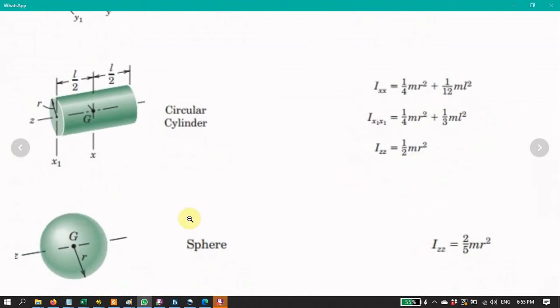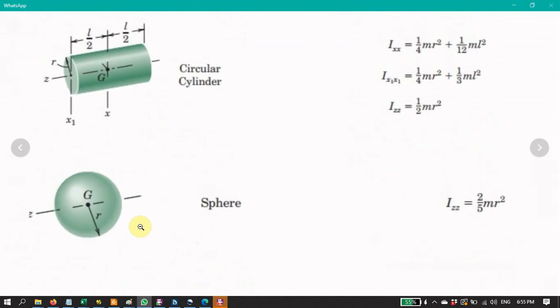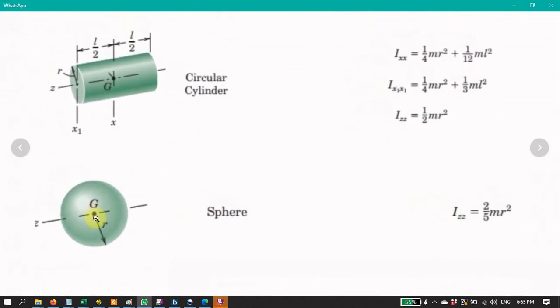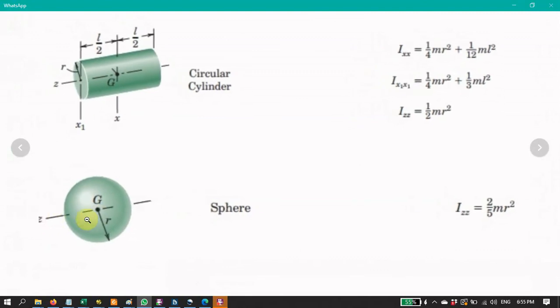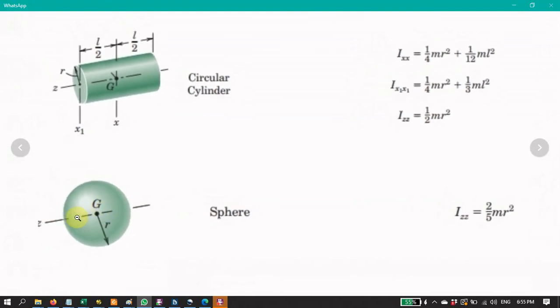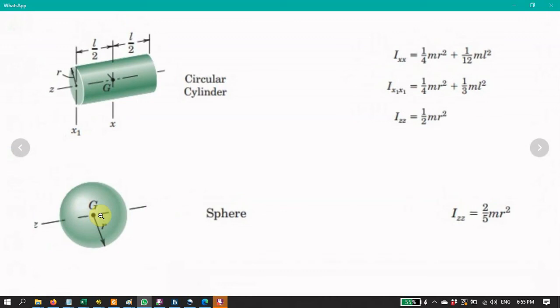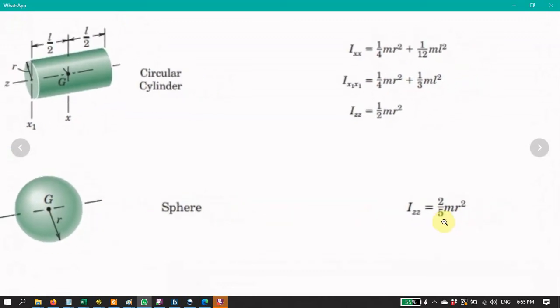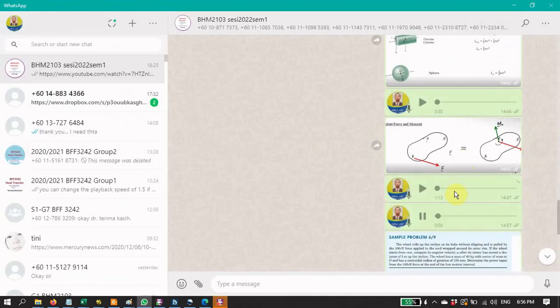And then we have the sphere. For the sphere, the moment of inertia through the mass center, about an axis of rotation that coincides with the mass center, is given by 2/5 times the mass times the radius of this solid sphere.